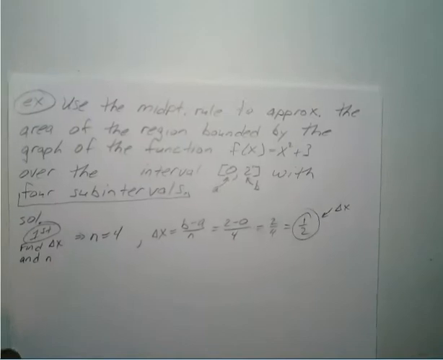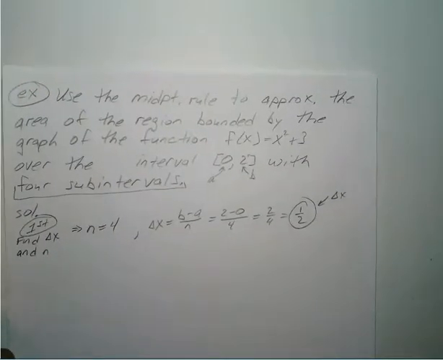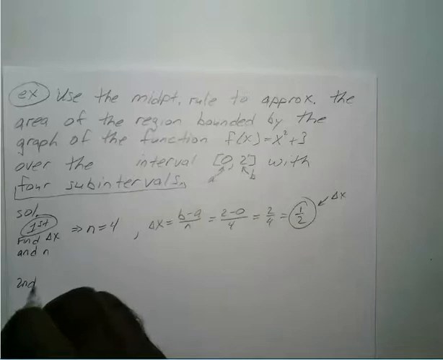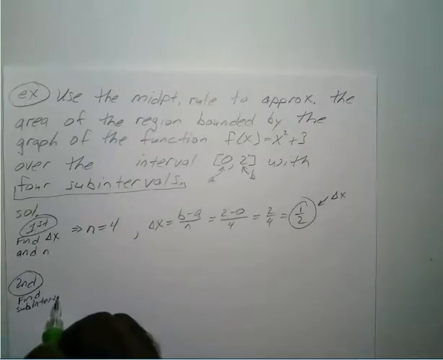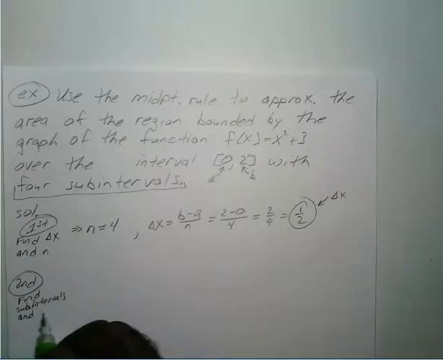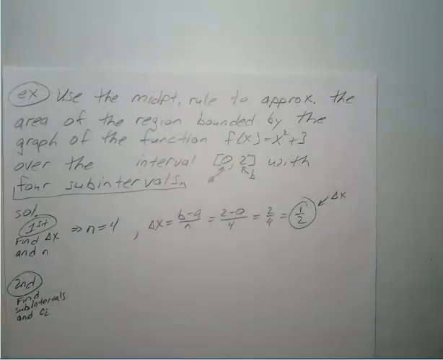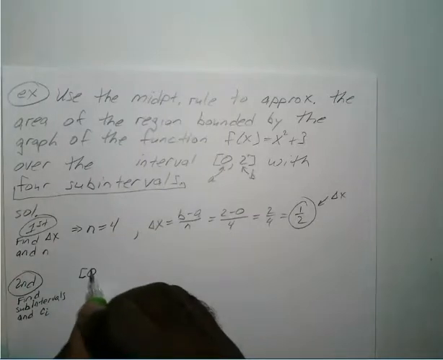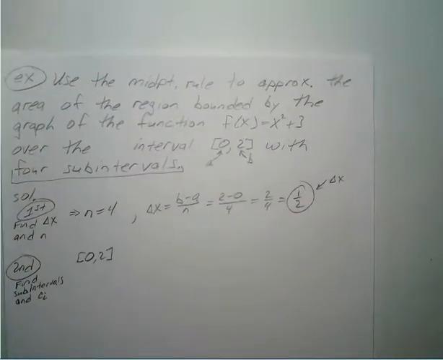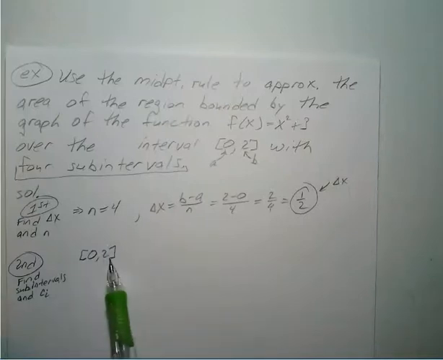Now for our second step, we want to find our subintervals and our c sub i's. We know that our interval is from 0 to 2. Since we're going from 0 to 2, we're going to break that down so each subinterval will have a distance of 1/2.